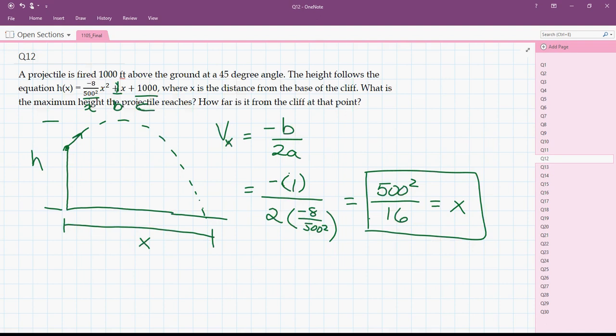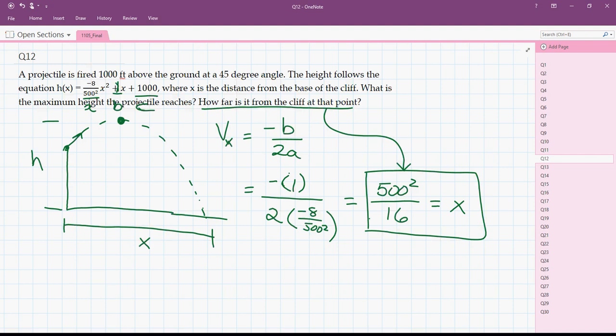Any questions on that? Why did you stop there? So far, this is solving this part. Because when we find our vertex, we're interested in this point.